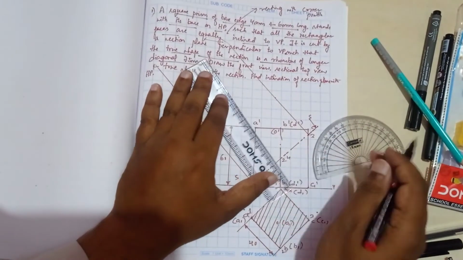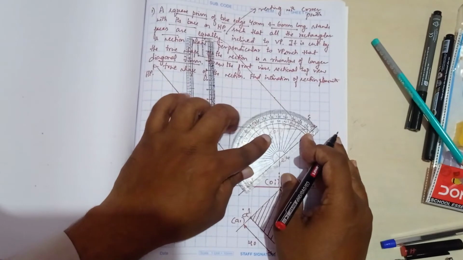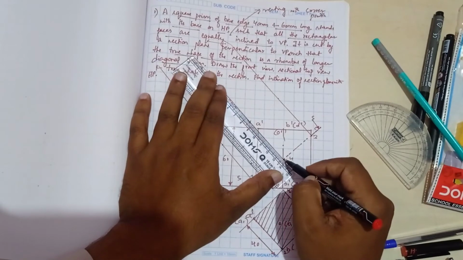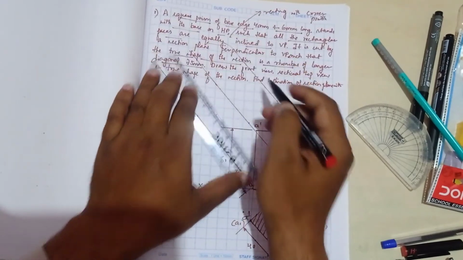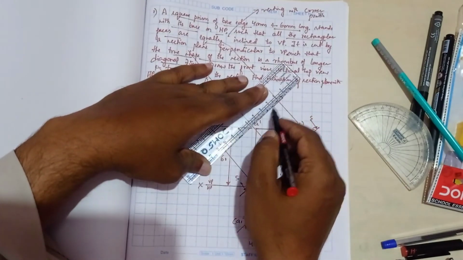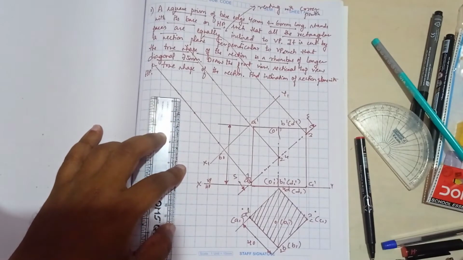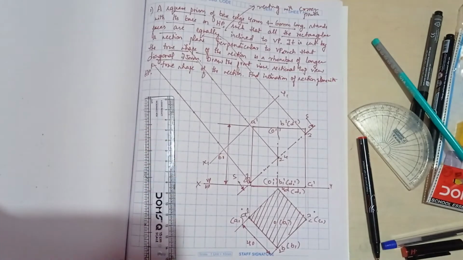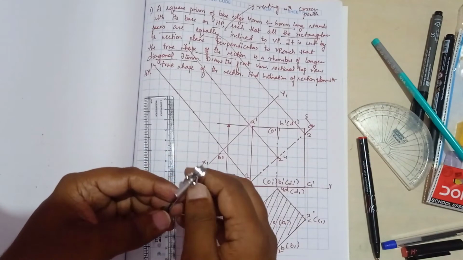Here also we should mark points for 90 degrees. Okay, this is done. Now parallelly you can draw another line. This is x1, this is y1. Now by measuring these lengths, we can cut the arc. We can measure it from here. This is 1, this is 2, this is 3, like that we can measure and cut it.